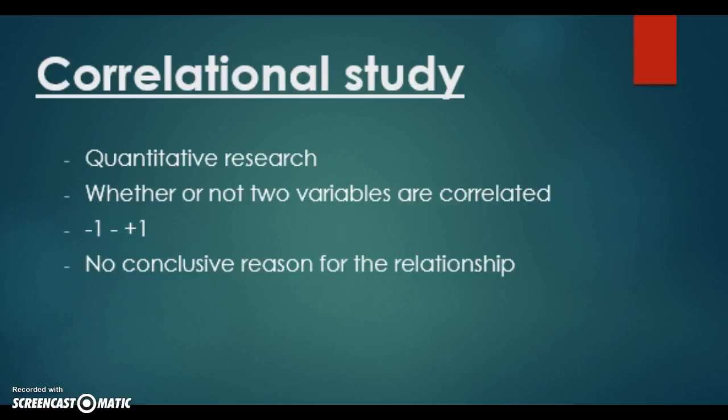So you could see if you decreased your intake of calcium, would there be a higher rate of injury? But this is very unethical and shouldn't really be used. And other ones could be such as height and flexibility, or thigh girth and vertical jump.